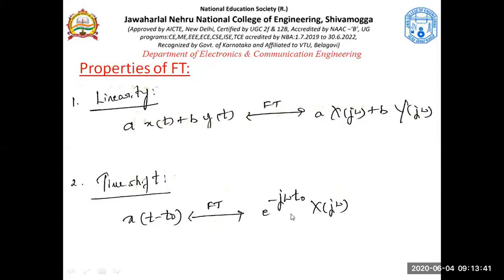So this exponential should come along with the frequency domain signal when there is a shift of minus t naught. Very similar, this is not new to you. So if there is minus t naught as the shift in the time domain, then in the frequency domain you need to have an exponential e power minus j omega t naught along with the frequency domain signal of x of t.